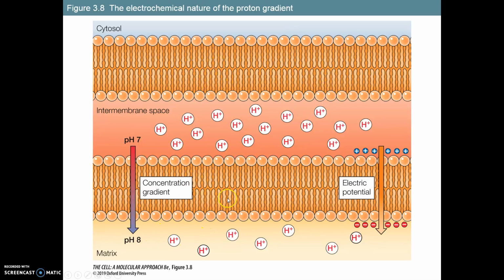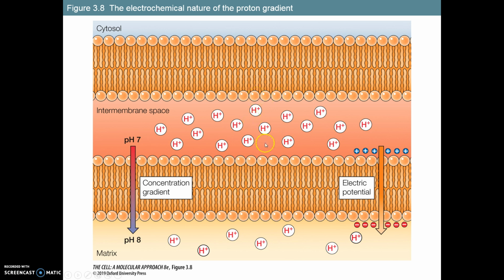All of these factors are working together to create a combined electrochemical gradient. So there's both an electrical component and a chemical component to this gradient, both of which are driving these protons to want to cross this membrane.